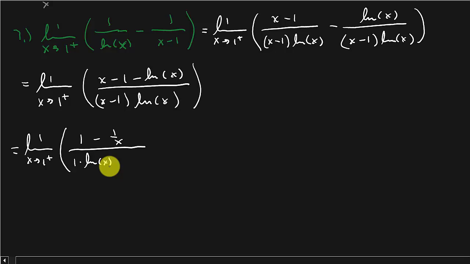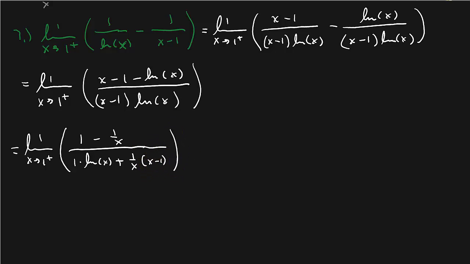Remember, derivative of the first function times the second function, plus the derivative of the second function times the first function. All right, so what happens here? Well, look at that. We get 0 over 0 again, don't we? But before we do that, because we get 0 over 0, I'm going to have to take the derivative again.